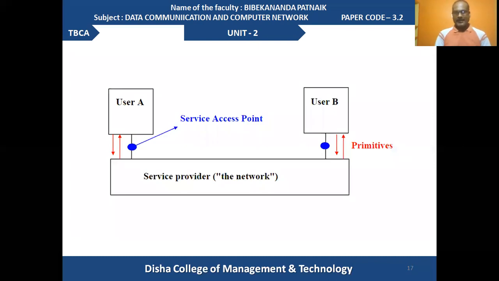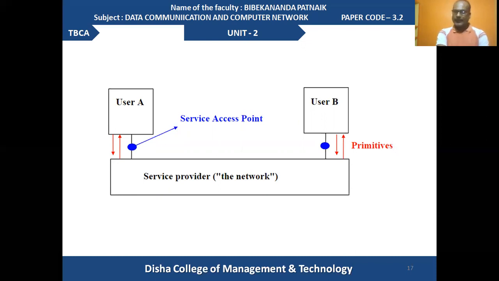And this is the basic diagram of the service primitives. There is user A and user B, and the service provider, which is normally called the network. As I said earlier, the request is passed from user A by the help of certain service access points, and after that it communicates to the next user, the receiving end, user B, which is called the indication.